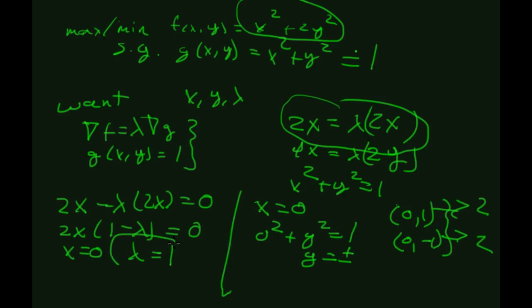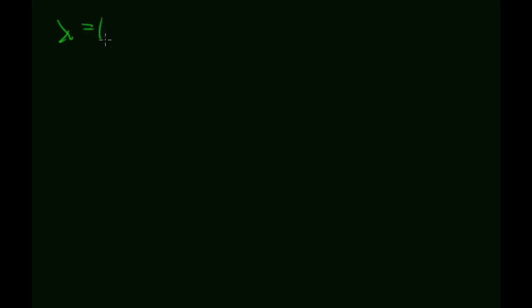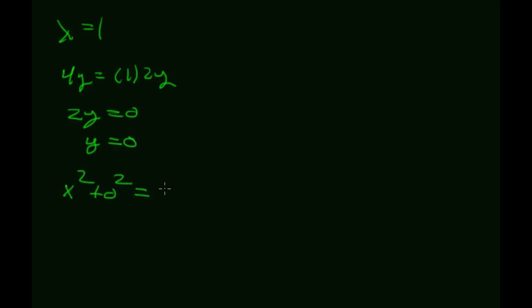Okay, so these 2 points are either maximums or minimums on the edge, and their values are 2. So the other option is to make lambda equal to 1. So let's see what happens if we do that. If we force lambda to equal 1, then we know from the second part of the lambda equations that 4y has to equal 1 times 2y, which means that 2y has to equal 0, which means y has to equal 0. Using the constraint function, x squared plus 0 squared has to equal 1, which means x squared is 1, which means x is plus or minus 1.